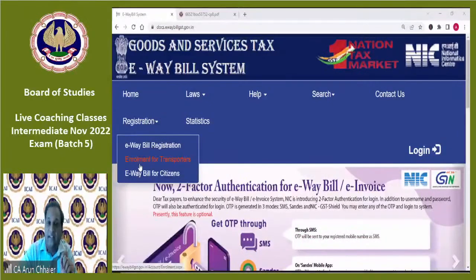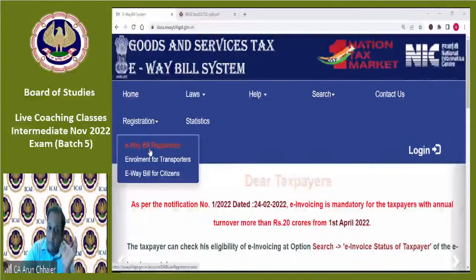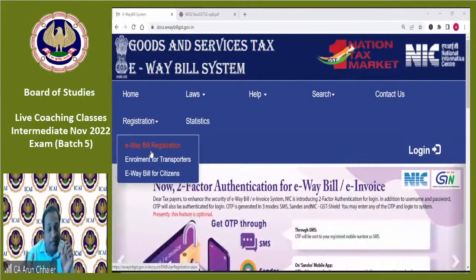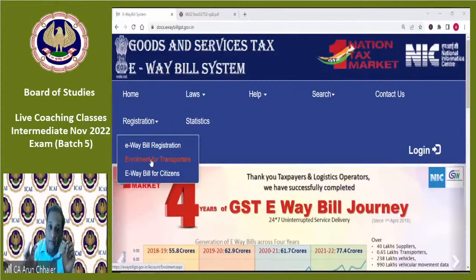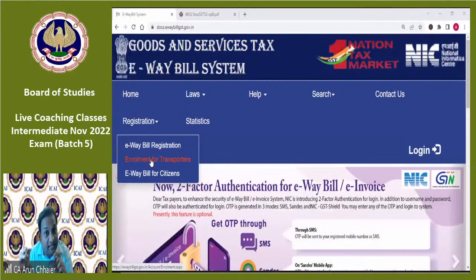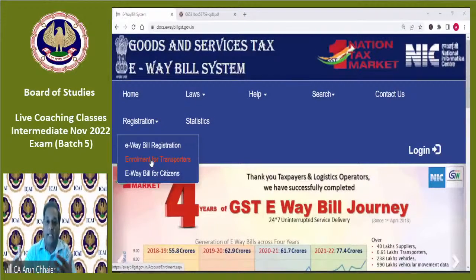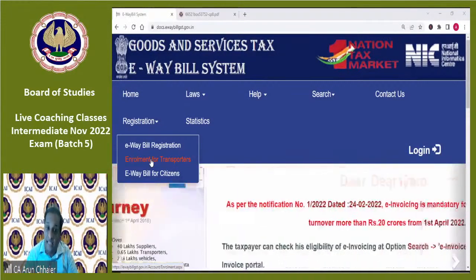So I hope the difference is clear. A registered GST transporter having a GST number can register on the e-way bill website by clicking e-way bill registration. Second, if the transporter is not registered, they will enroll on the e-way bill website by clicking the enrollment for transporter. Through this process, a 15-digit number is assigned to the unregistered transporter, which can be given to the client so that anyone can assign the e-way bill to him.